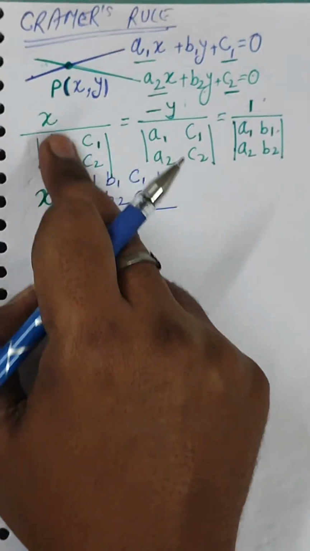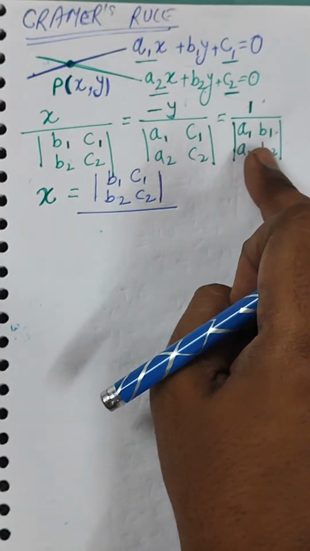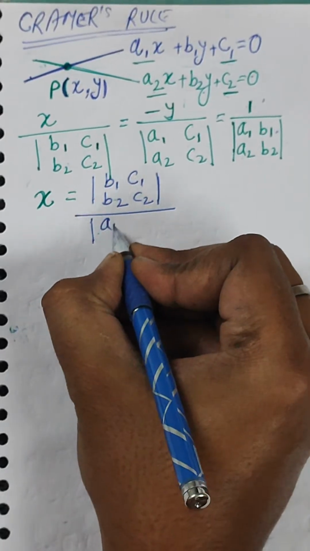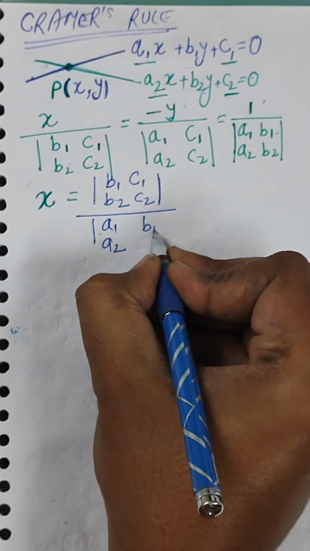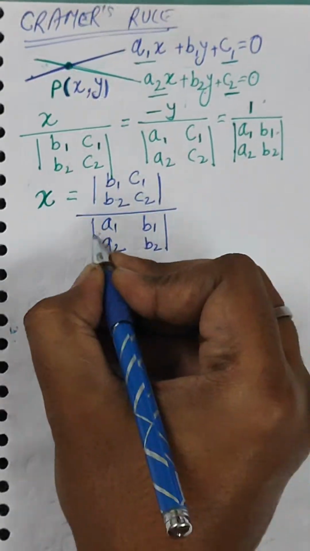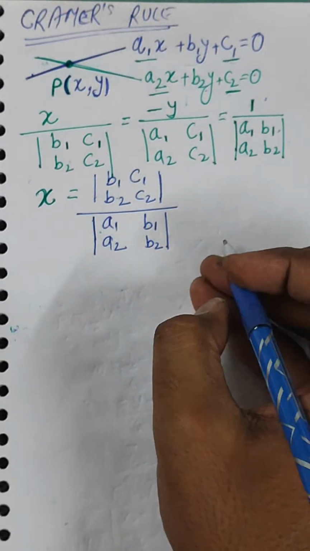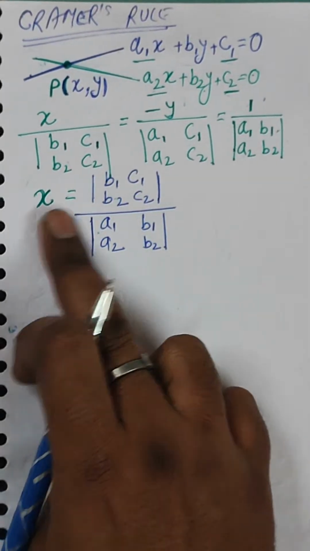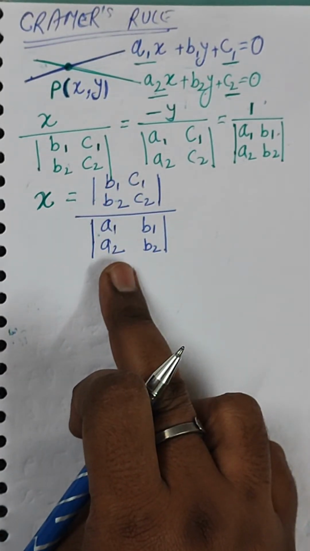We have equated x by this and 1 by this determinant, right? So this will be a1 a2 and b1 b2, right? So this will give you the value of x.